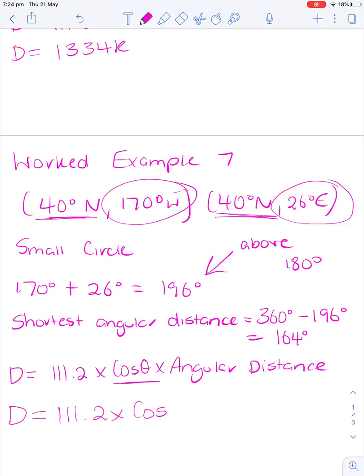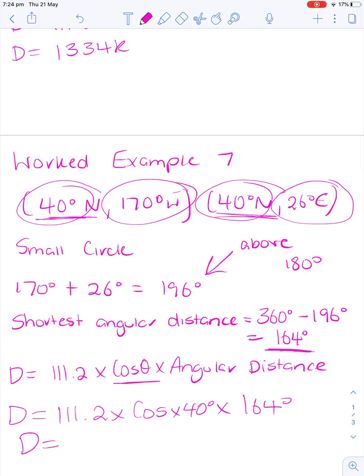Now theta is going to be whatever the number was that lies in the same parallel latitude. So that's 40 degrees. So it's going to be cos times 40 degrees, okay, times the angular distance, which is 164. All right, so our answer is 13,970 kilometres.